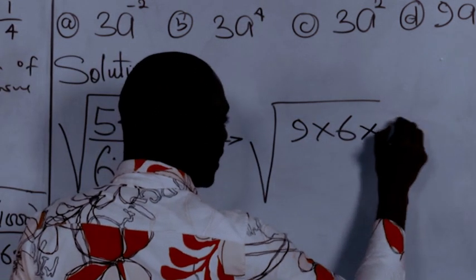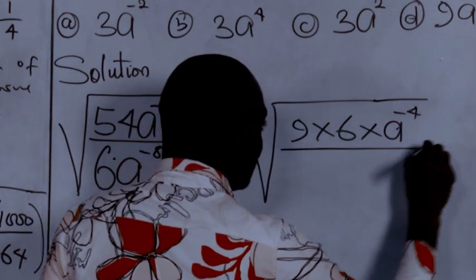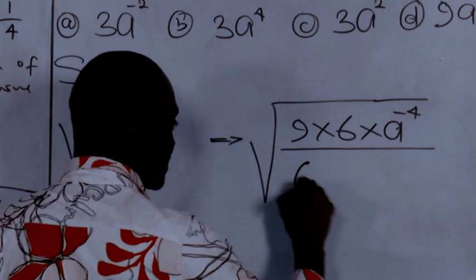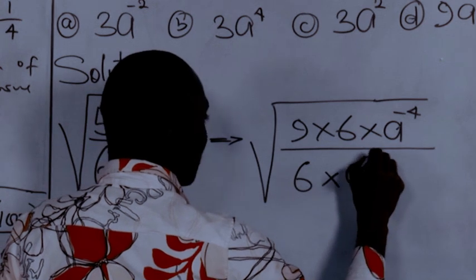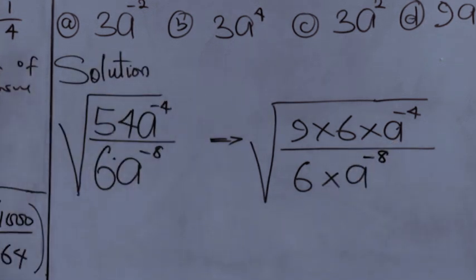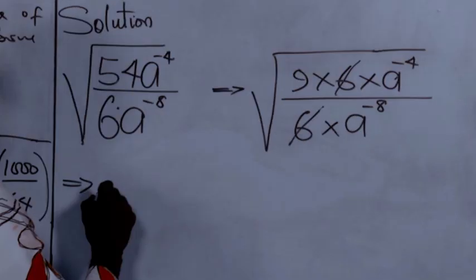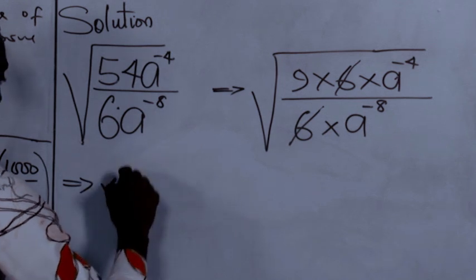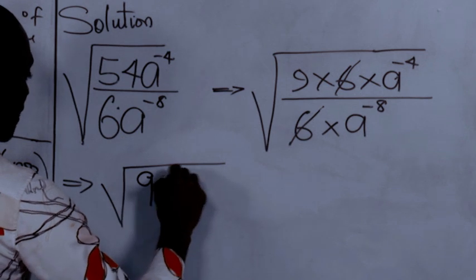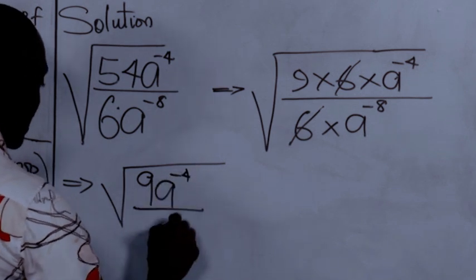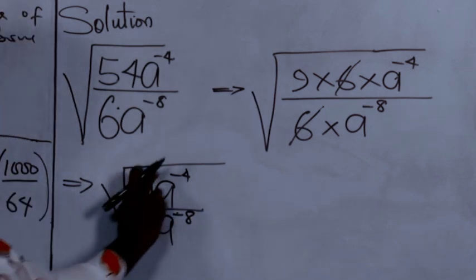So we have a raised to power minus 4, everything over 6 multiplied by a raised to power of minus 8. I split it. Now this 6, we cancel this 6. We'll be left with 9a raised to power minus 4 over a raised to power of minus 8. Don't forget that this square root covers everything.